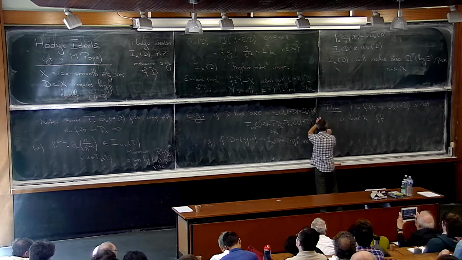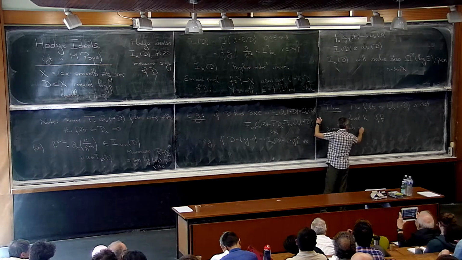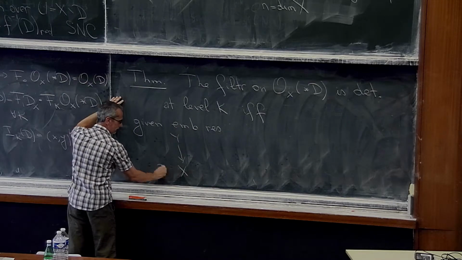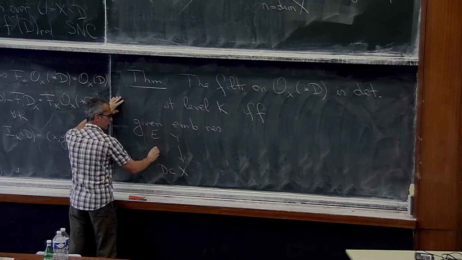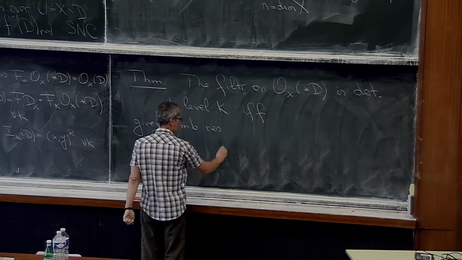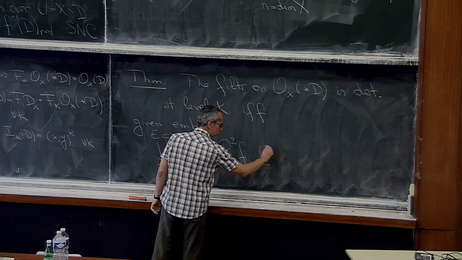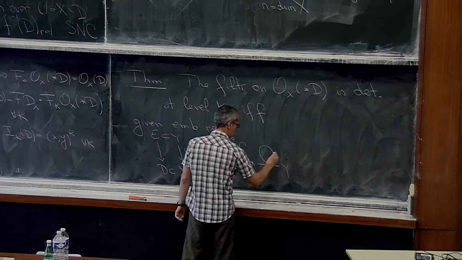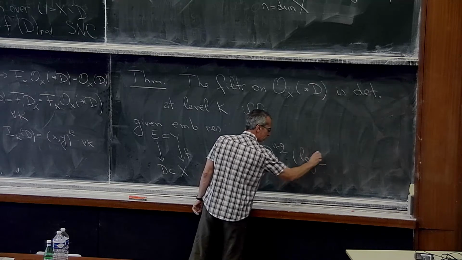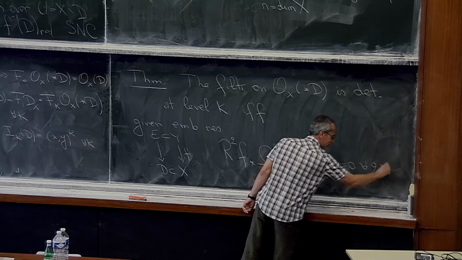given an embedded resolution as before, so you have Y over X, you have this D here, we had E here, and f here. The condition is that R^q f_* of Omega_Y^{n-q} of log E is 0 for all q larger than k.